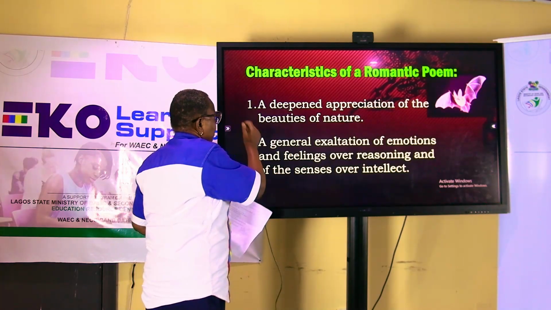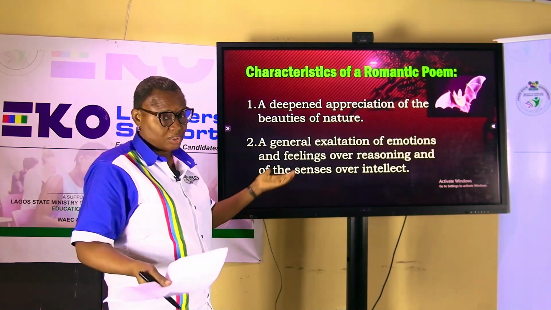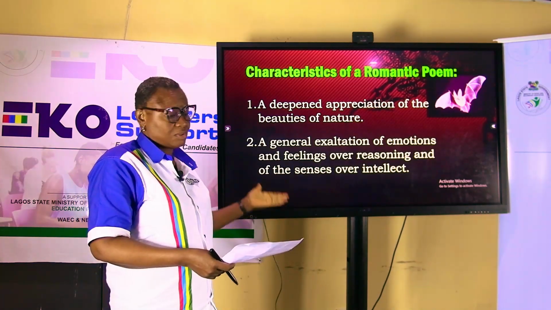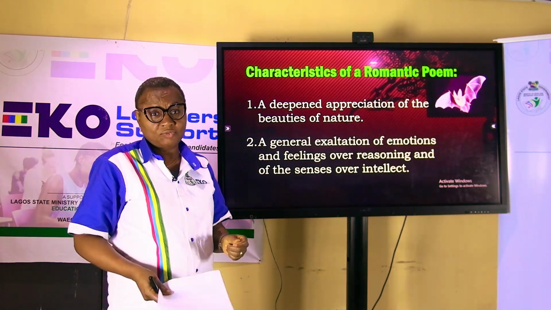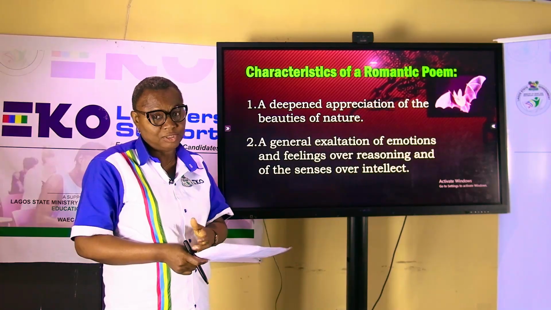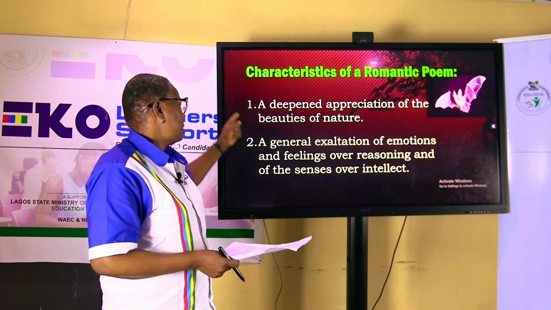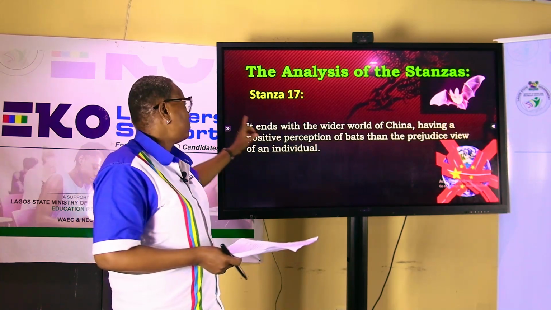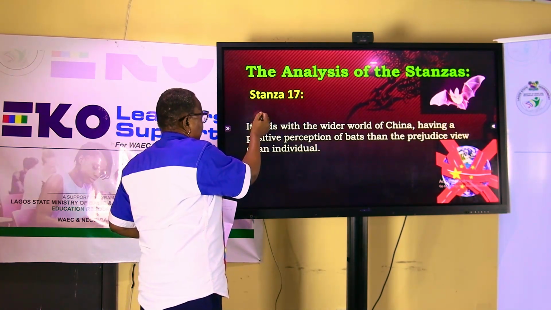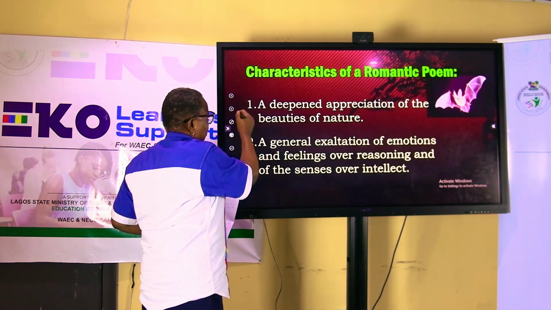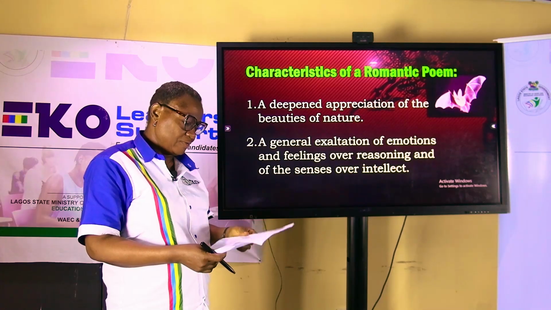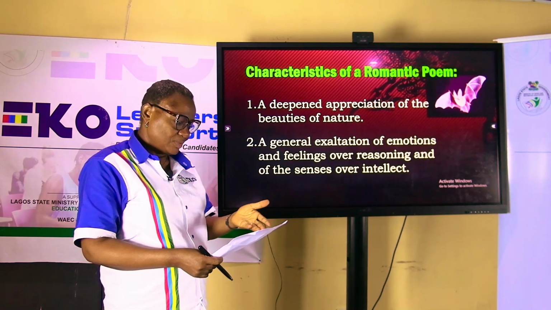And what is the question? We first of all have, okay, in order to remind ourselves about the characteristics. When we have these questions, we must have a deep knowledge of the characteristics of this category of poetry. So because the question is on romanticism, we have the characters here. Number one, a deepened appreciation of the beauty of nature, which is seen in the first stanza of this poem.